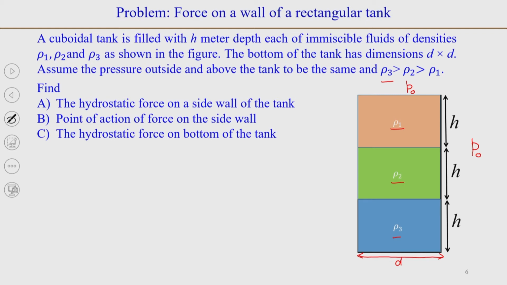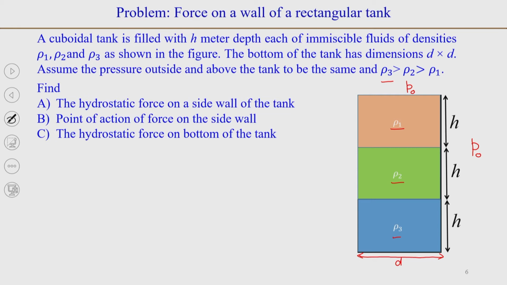So, the area of all the side walls will be the same, it will have 4 side walls, and the question asks us to find the hydrostatic force on any of the side walls of the tank. Then the next question is, we need to also find the point of action of this force on the side wall, and the third question is, what is the hydrostatic force on the bottom wall of the tank, or on the bottom of the tank.